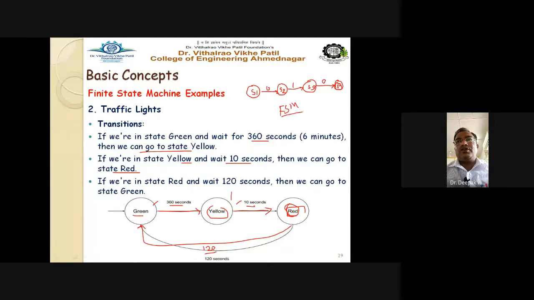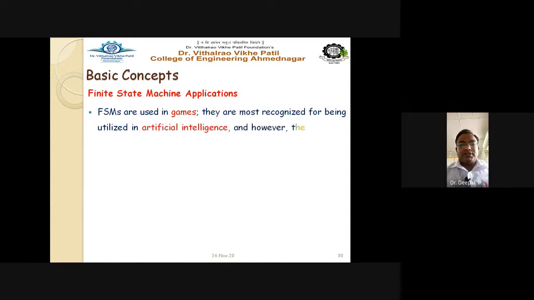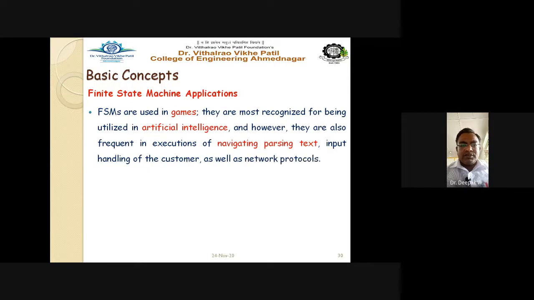So what are the advantages of FSM as compared to your basic machine? The question is how we can compare the basic machine with the finite state machine. The finite state machine has some memory, meaning it has an internal state, whereas the basic machine doesn't have any internal state.